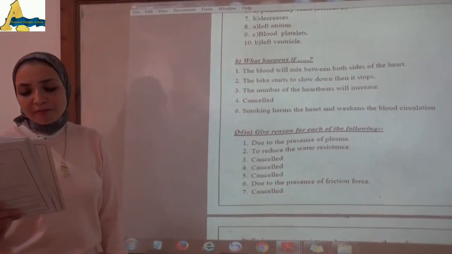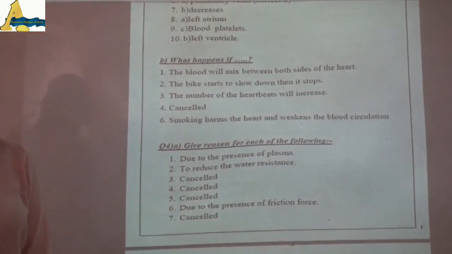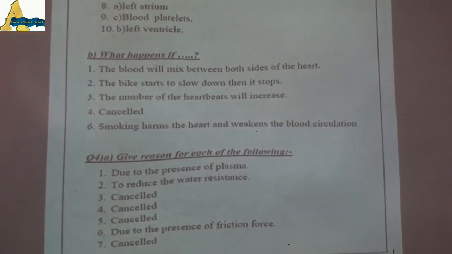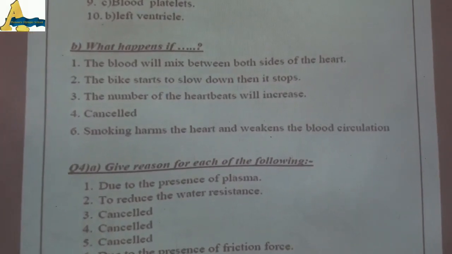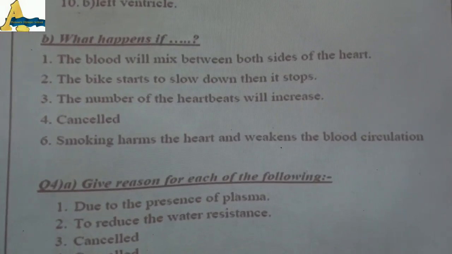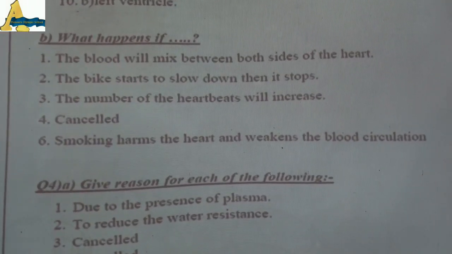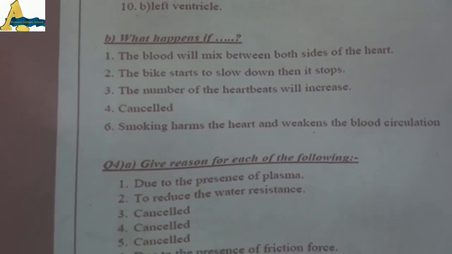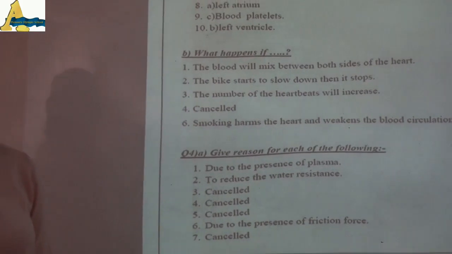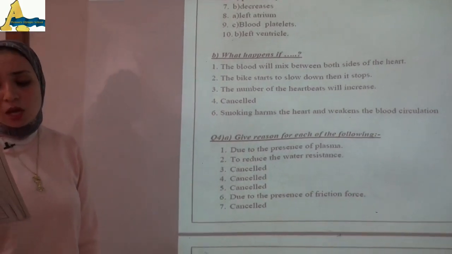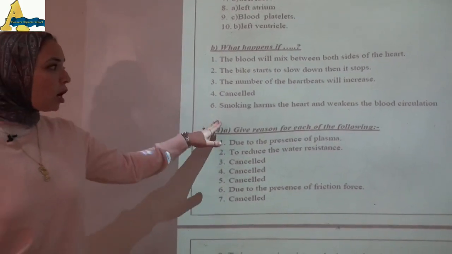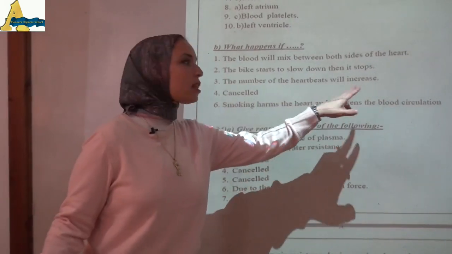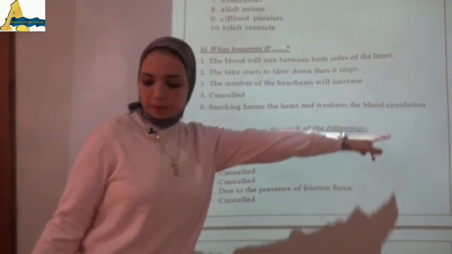You run for 5 minutes. What will happen to your heartbeats? It will increase. The number of heartbeats will increase. Smoking cigarettes. What are the side effects of smoking cigarettes? Smoking harms the heart and weakens the blood circulation.